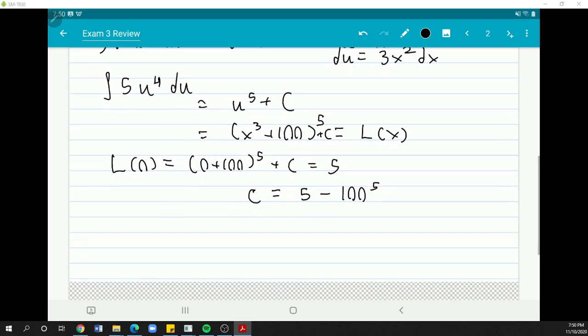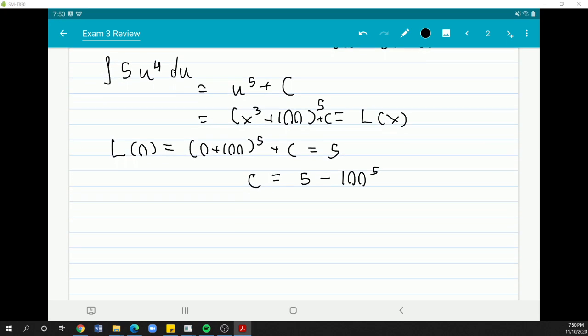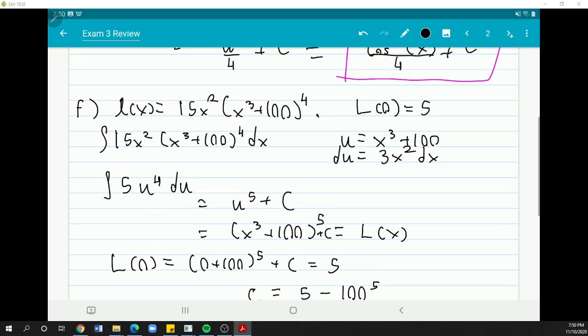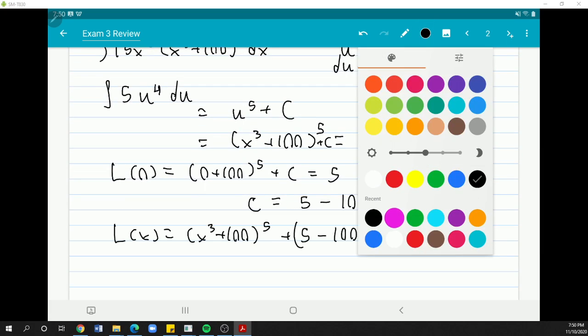I could write it out with all those zeros, but I'm just going to leave it as is. So then L of x is equal to x cubed plus 100 to the fifth plus 5 minus 100 to the fifth. And that is what we get for part F.